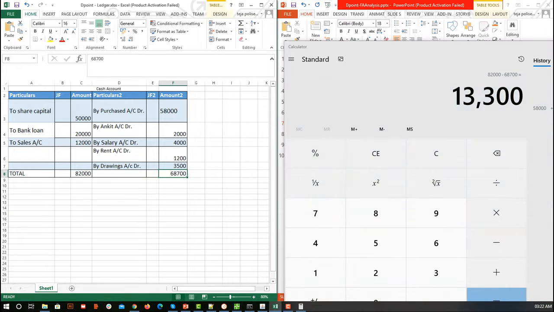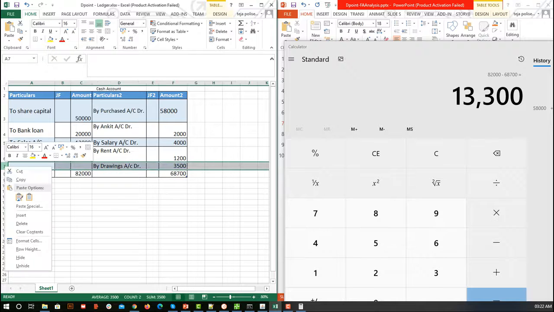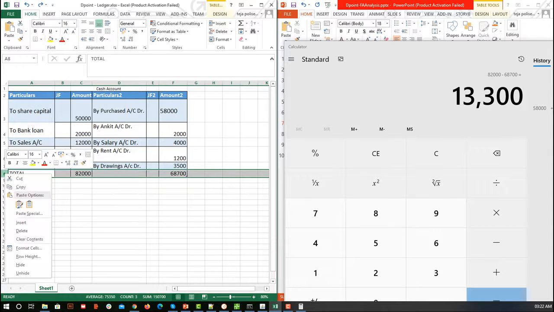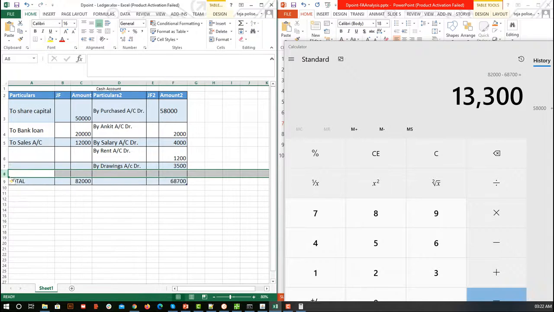So what do we write? So we have less by 13,300 on the right hand side. So we try to insert. Okay, no, we have to select this, we have to insert. Now here we are going to write by balance carried down by what amount? 13,300.